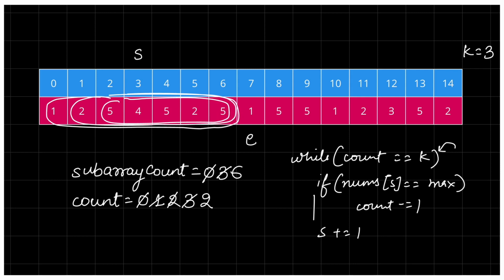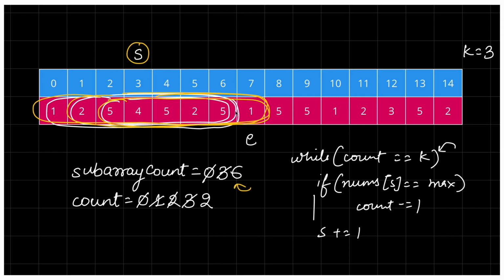So eventually this subarray would become one subarray, then this would be another, and then this would be another. So just because of this one, whatever number of subarrays you found earlier will be added to the subarray count once again.